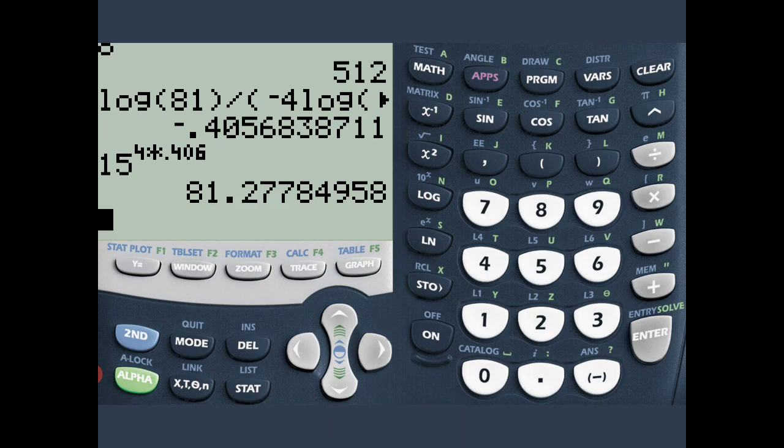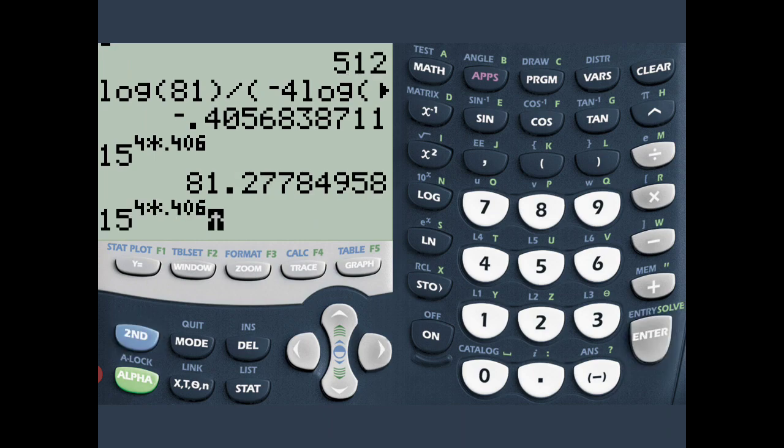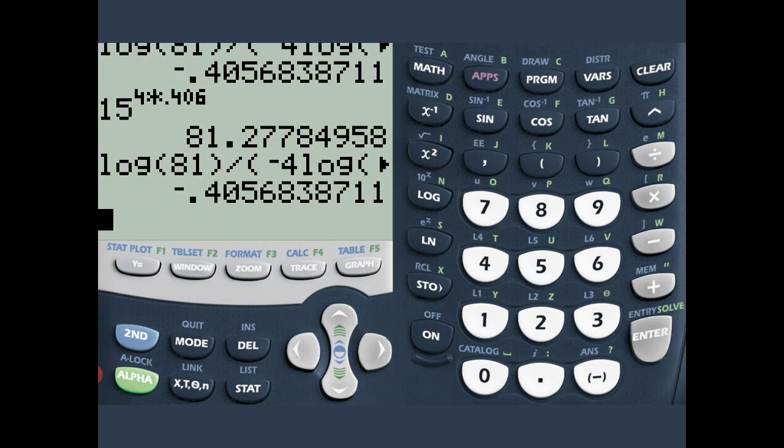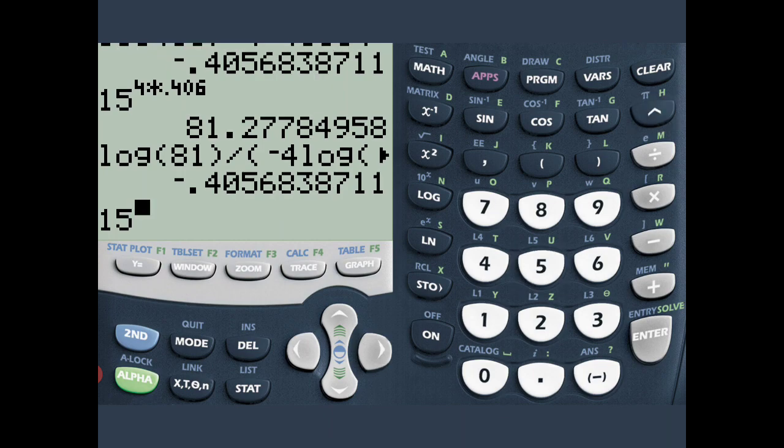Remember, my answer is rounded. If I take all of the decimal places here and do 15 raised to the power of negative 4 times my answer from before, I guarantee we're going to end up with 81 exactly.